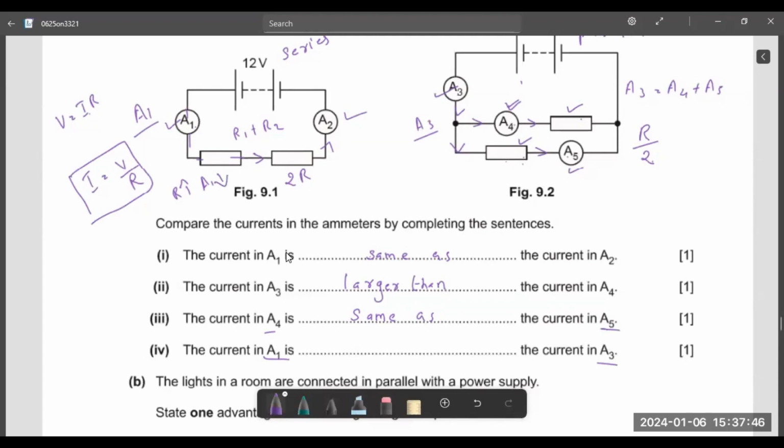So current A1 will be less than A3. Resistance is less in this network and more in this network. So current in A1 will be smaller than current in A3.